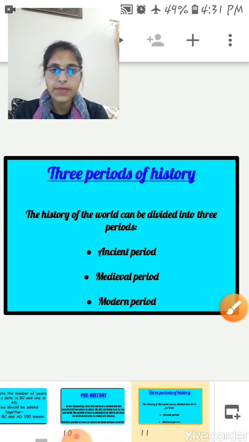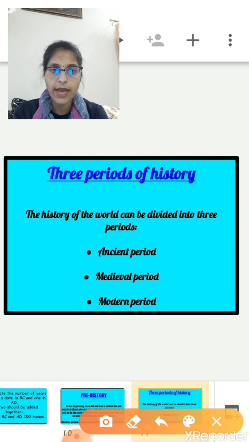Let's understand these three periods of history. The history of the world or of man can be divided into three periods, as we have seen in the previous slide: the ancient period, the medieval period and the modern period. About the ancient period, you already learned in 6th standard. This period begins with the Indus Valley Civilization and the coming of the Aryans. Now the medieval period: this period starts just after the ancient period. And the last one is the modern period.